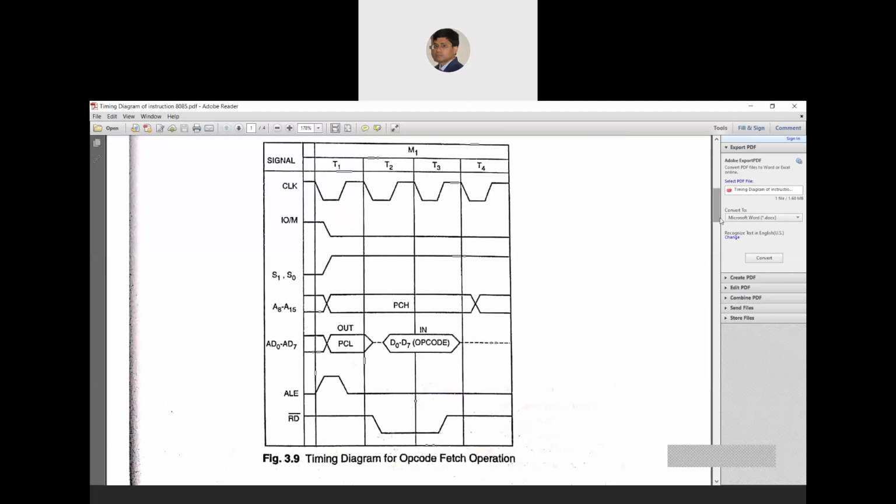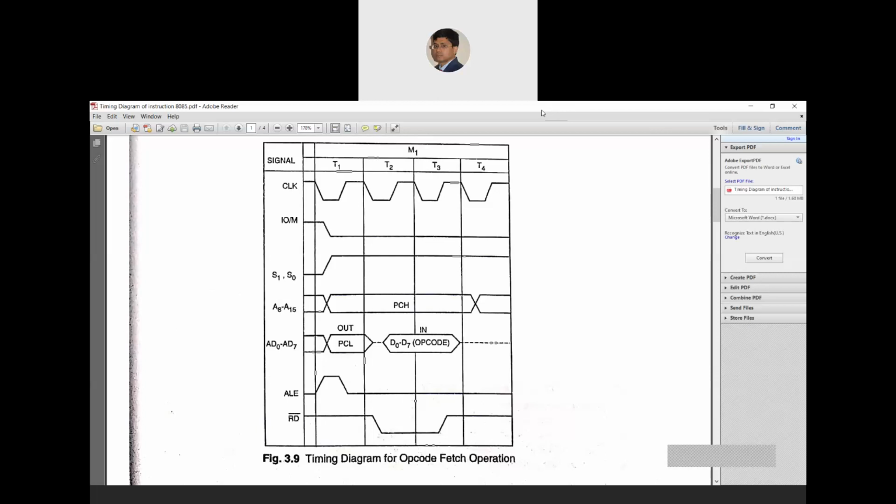So you can see this diagram, right? The opcode fetch timing diagram. Now you can tell me your understanding by observing this figure, in this chat box.